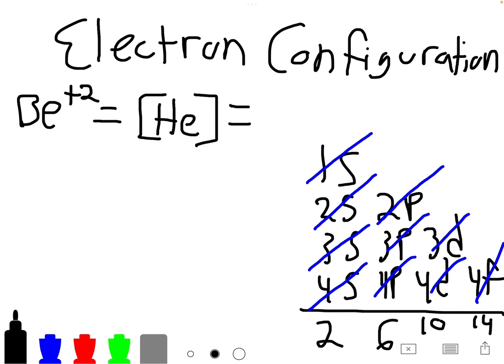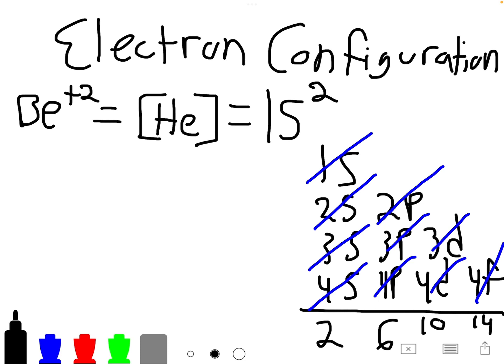The atomic number shows the amount of electrons in an atom or an element. So helium has 2 electrons, so that can fit in just one s. And then you just add the amount of electrons right here. So that's the electron configuration for helium, which is the noble gas configuration of beryllium.